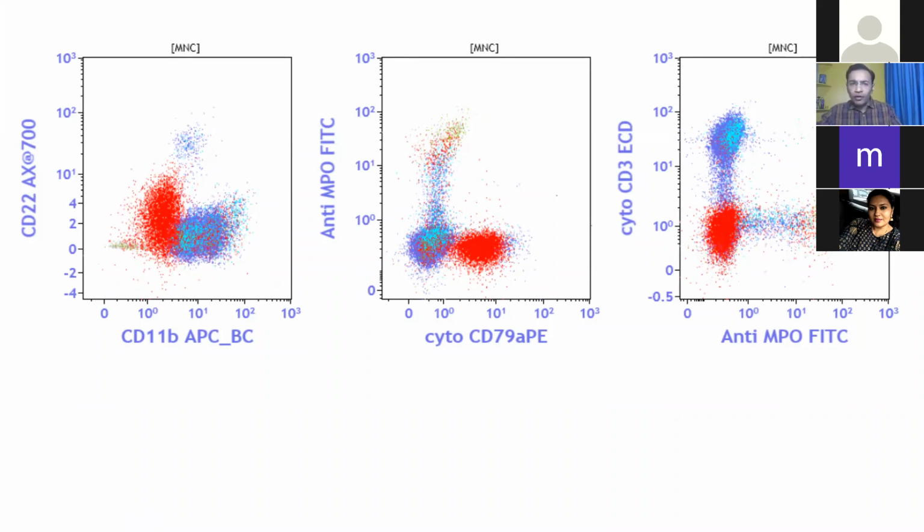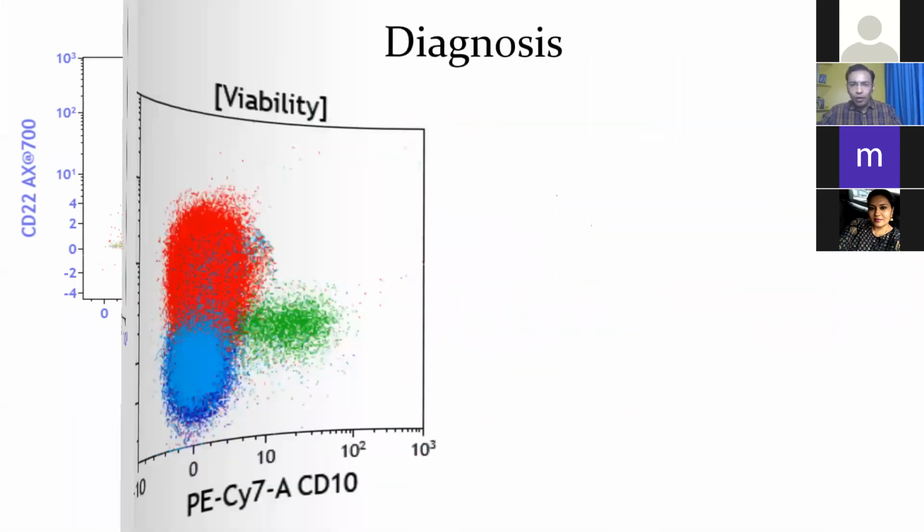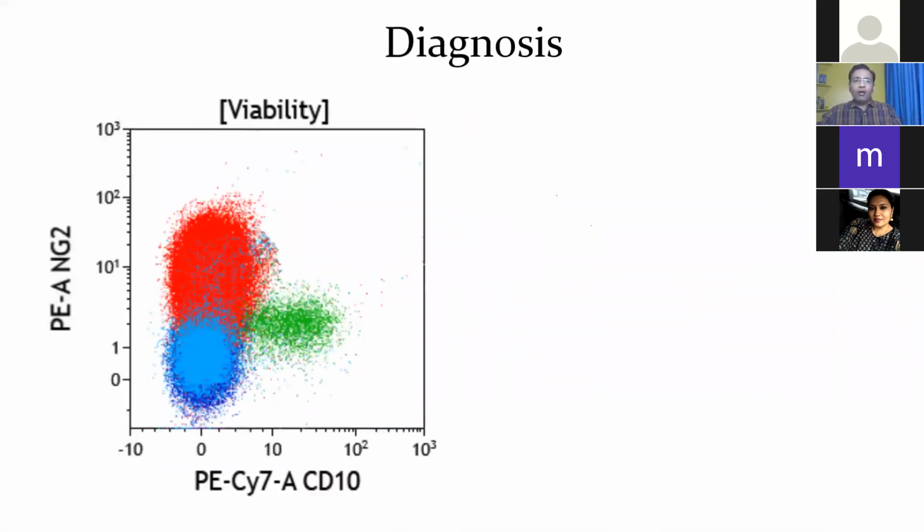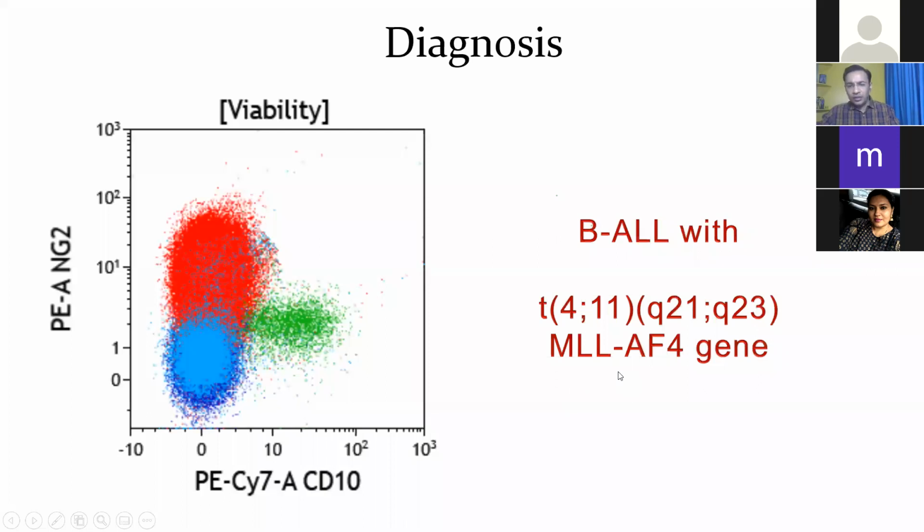So many of you have already picked up what the underlying cytogenetic abnormality is in this case, right? Now we have one marker which is very specific to this abnormality, called NG2. By flow cytometry, just by putting in one additional marker, we can confirm this cytogenetic abnormality. So in this case NG2 was positive, and the cytogenetic abnormality is B-ALL with MLL gene rearrangement.